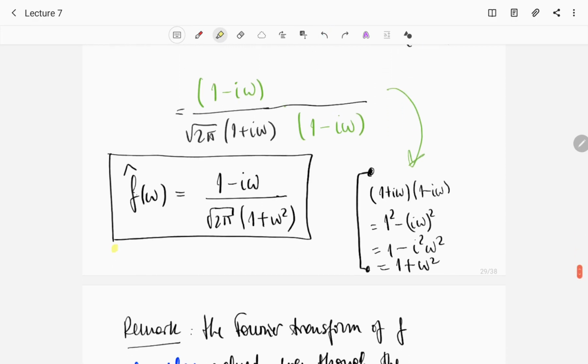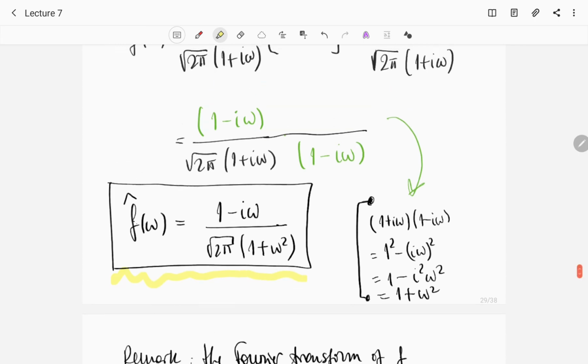And then we have this other way of writing the Fourier transform of our function f. What happens from this line to that one is just this computation. We make this computation here, you apply the distributive properties, and you get this value. Okay.